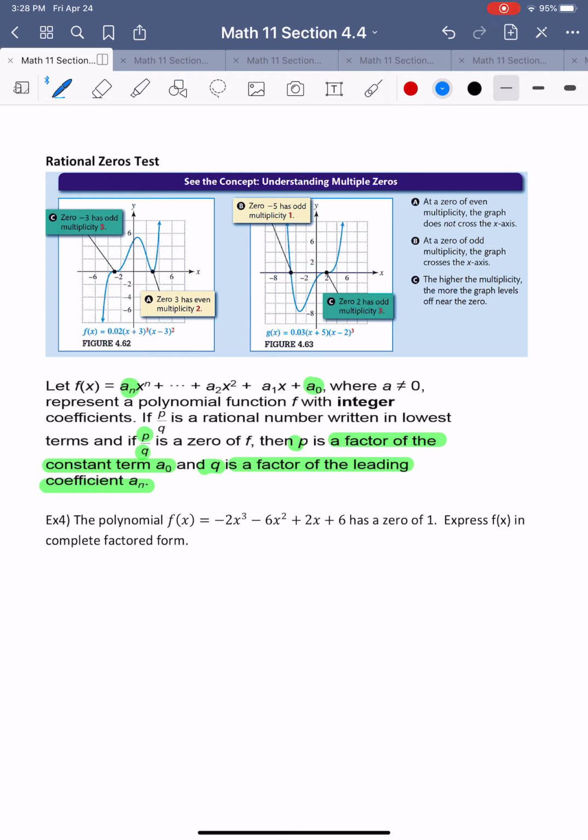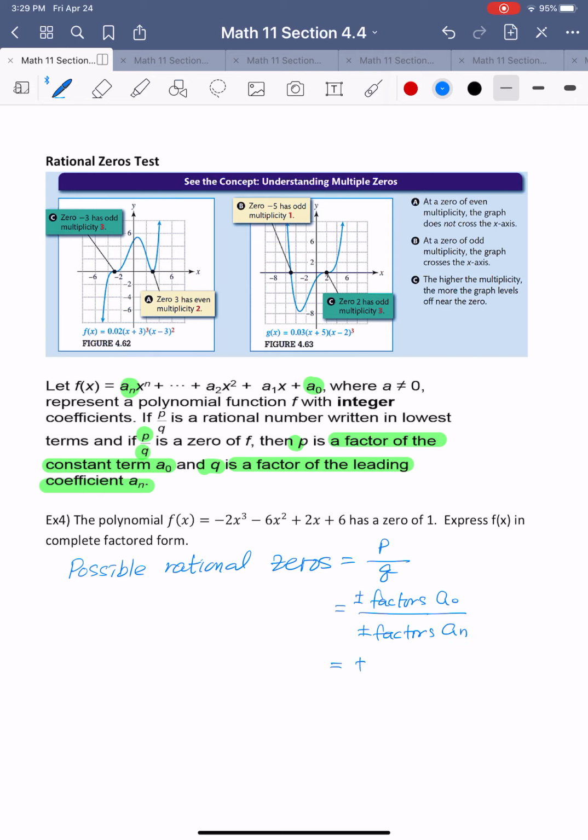In order to find the possible rational zeros, it is p over q, where p is the plus or minus factors of a sub 0, and q is the plus or minus factors of a sub n.